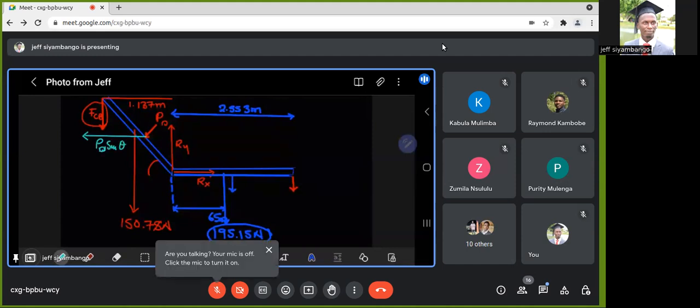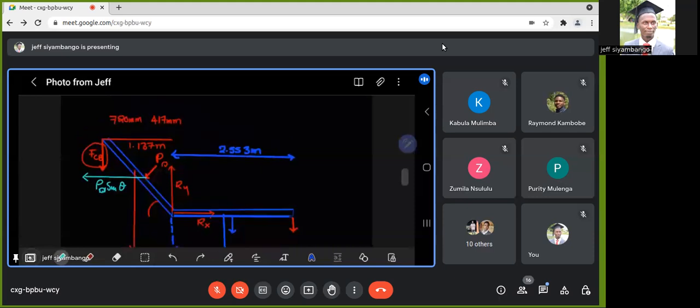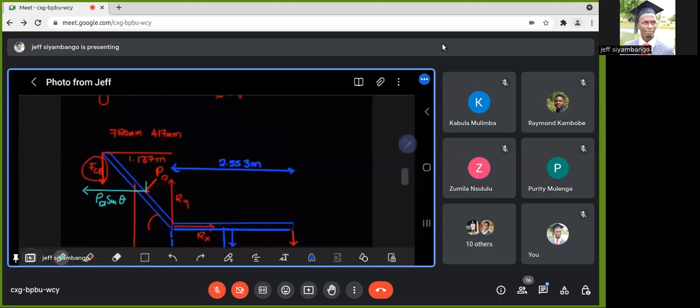And the vertical component was given by PD cos theta. Now I have all the forces expressed either horizontal or vertical.